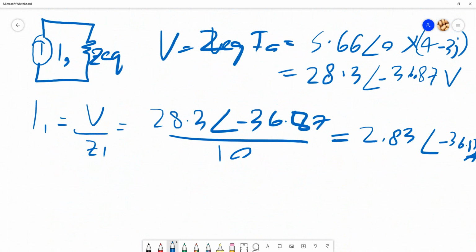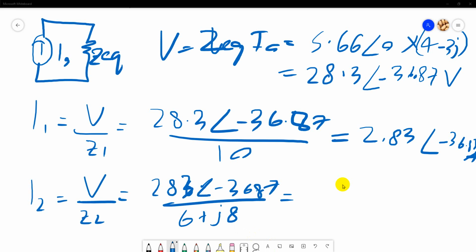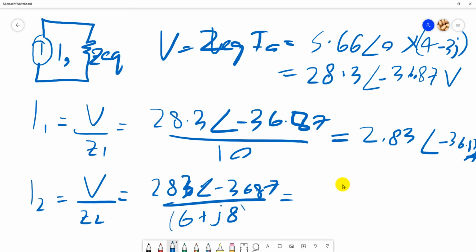This is for I1, and then for I2, V divided by Z2, you get 28.3 angle negative 36.87 divided by 6 plus J8. When you use your calculator, don't forget to bracket this, and don't forget the negative.